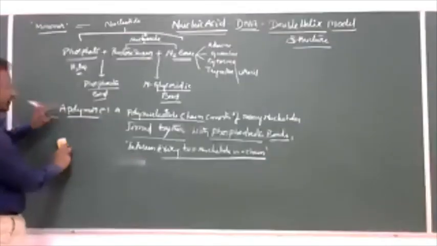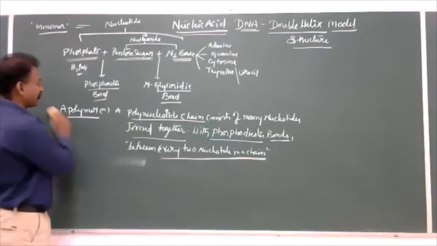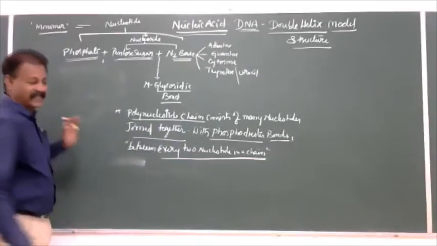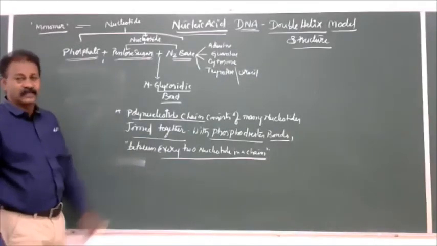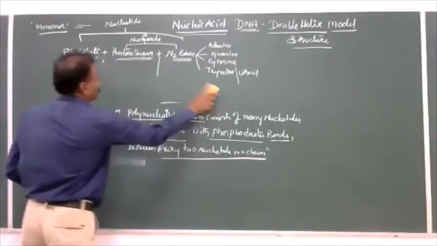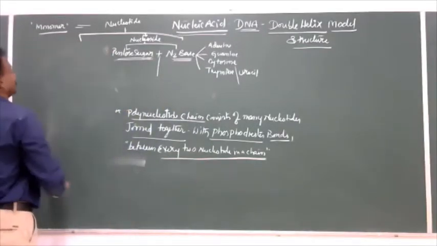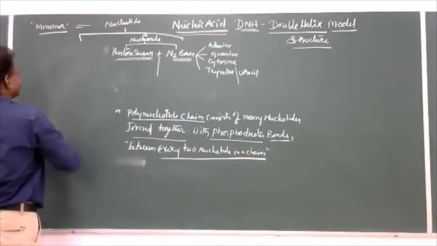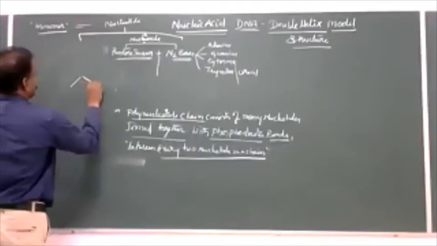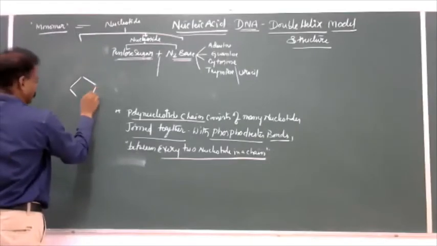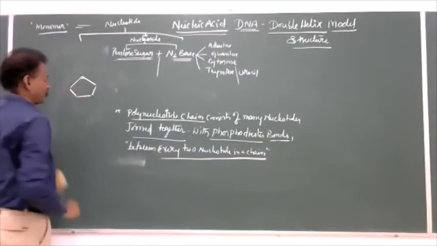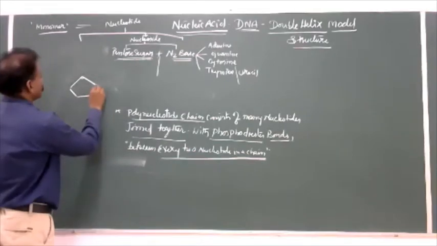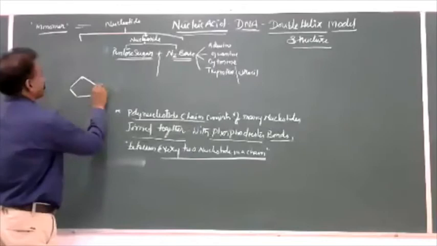Let us see a polymer having phosphoester bond, phosphodiester bond and glycosidic bond. A polymer having pentose sugar, with the first carbon atom attached to a base.